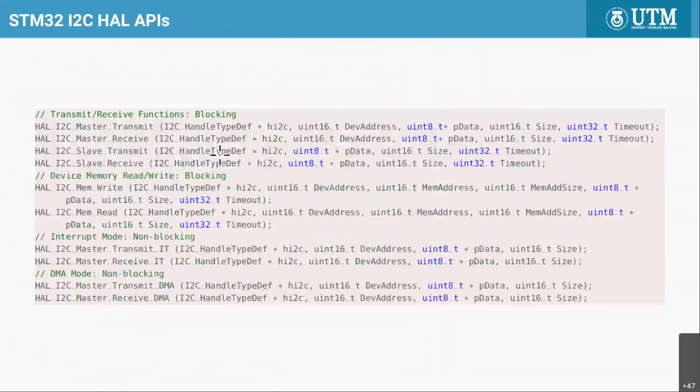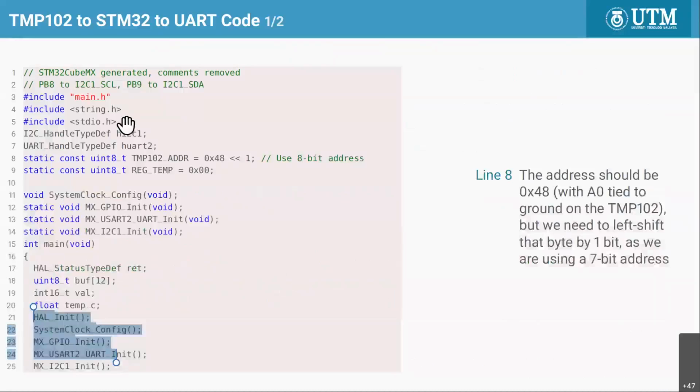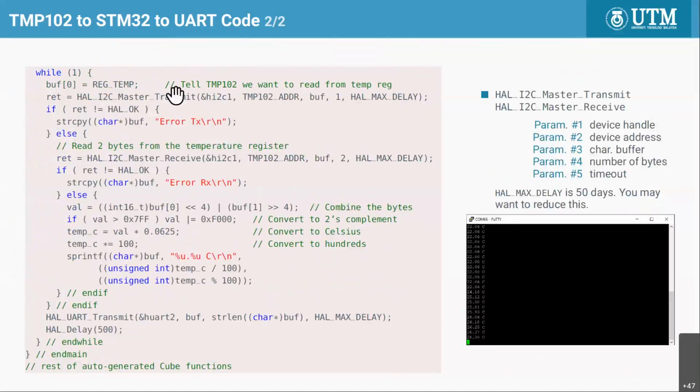Remember that to talk to this chip, you have to write once and then you read. So you have to write 0 first, to register 0. This is like a dummy write to tell the device that you want to read it. If that doesn't give you OK, it's an error, because you cannot even send data to it. And then if this is OK, you try to read 2 bytes.